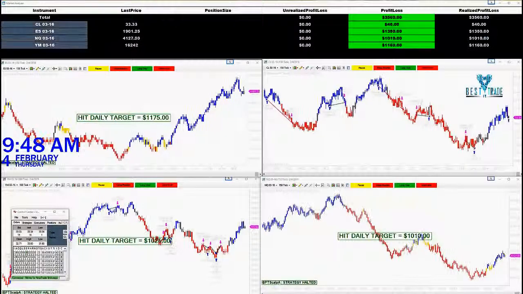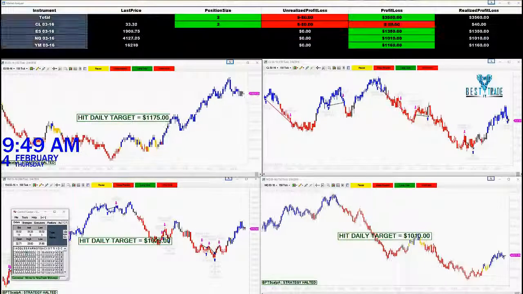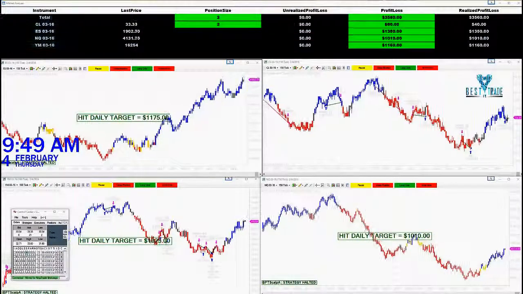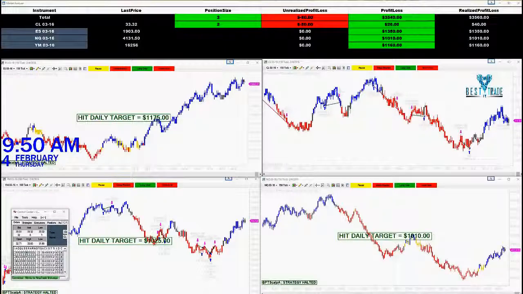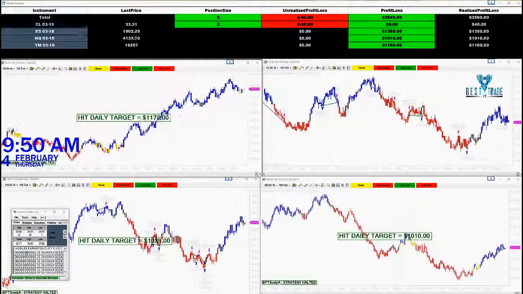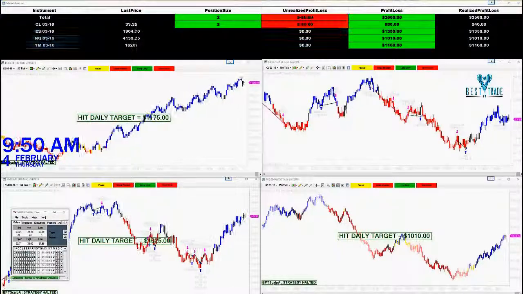If any auto trade we have crosses your target for today, and the auto trade is going in your direction, it is not going to close that position exactly at the 1,000.